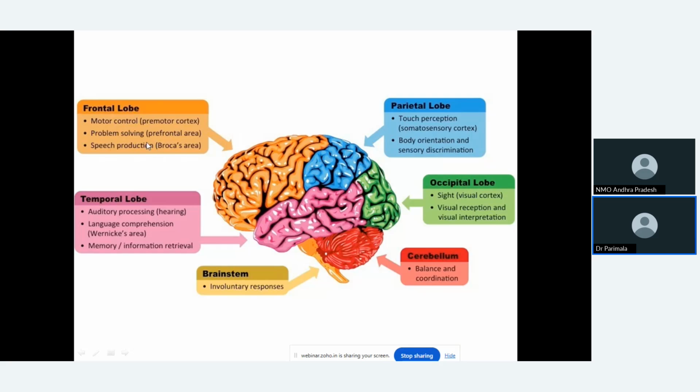Anything motor, movement of muscle, is frontal lobe. Perception of touch, skin and body orientation is by the parietal lobe. Visual is by the occipital lobe. Temporal is for auditory processing, language and speech, and also has the additional function of memory. The hippocampus and limbic system are concerned with that.